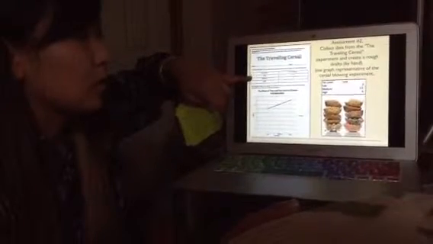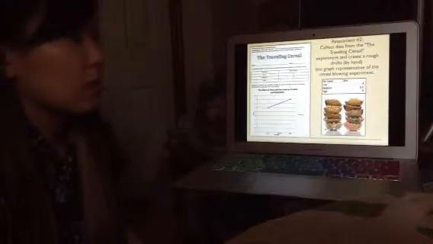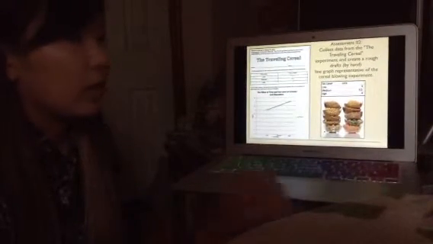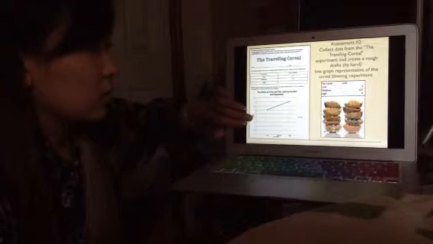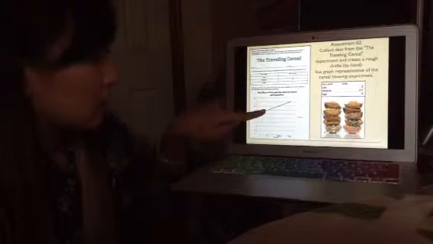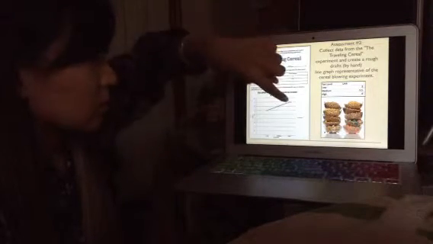And then assessment 2 is going to be collecting data from the traveling cereal. So we're going to have cereal and a fan, and the fan's going to go from low, medium, and high, and they're going to measure how far it went. They're allowed to use different units, but for this one we use inches, and you could tell that when you turn the fan the highest, it goes the furthest.